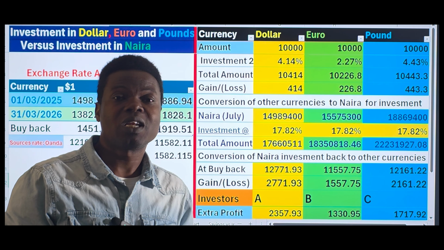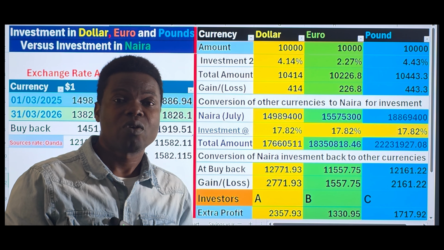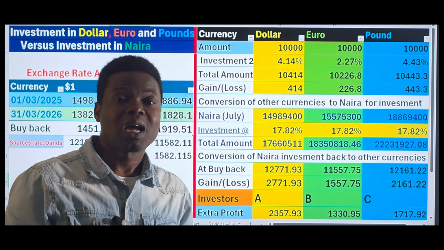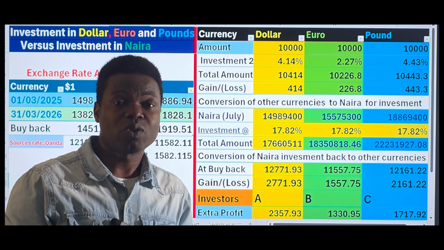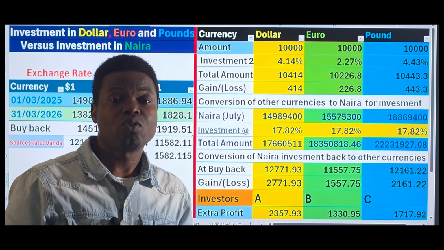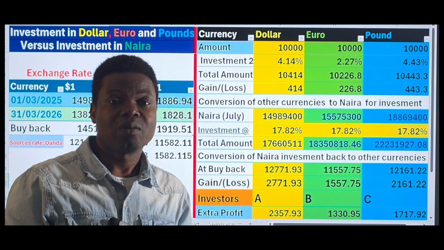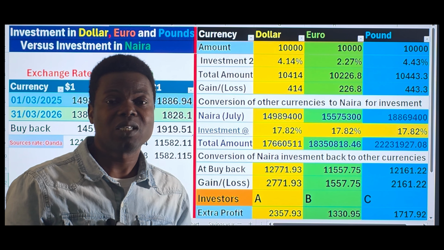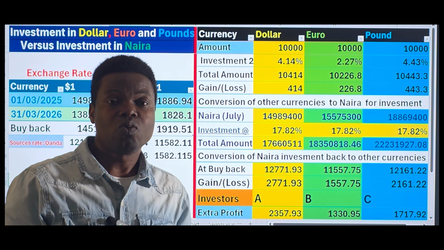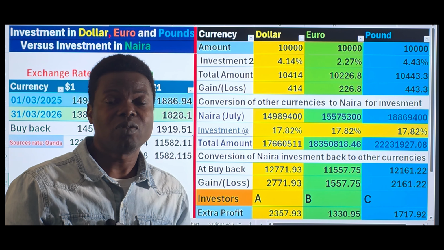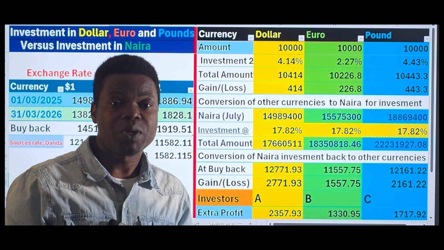We are going to be looking at the available interest rate from the various countries as at March 2025, and we'll also look at the exchange rate as at 1st of March, which is the beginning of the investment period, and the exchange rate as at 31st of March 2026, which is the ending of the investment period.